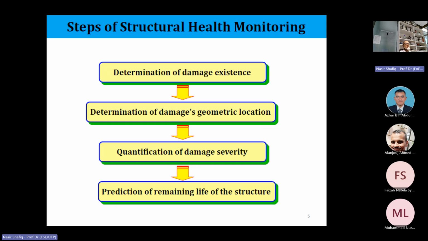The steps involve the systems which receive data and convert, translate, evaluate and interpret it. These are the steps: determination of damage existence, determination of damage geometric location, quantification of damage severity, and prediction of remaining life of the structure.